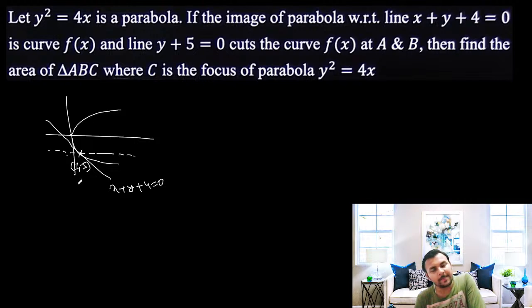So what will happen? We'll take reflection of that point in this point. So this will be forming somewhere a curve like this, isn't it?